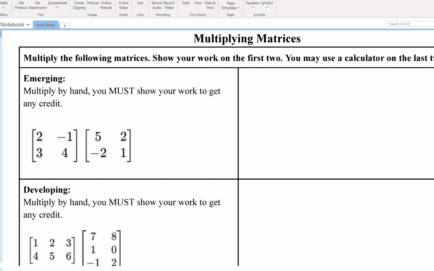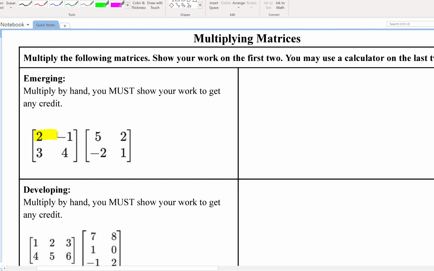You must multiply by hand and show your work in order to get any credit. So the thing that you want to keep in mind is that I take this row. Sorry, I'm getting ahead of myself. You can only multiply matrices if I have a row 1 by column 1 matrix, and I'm multiplying it by another matrix, which is row 2 by column 2.